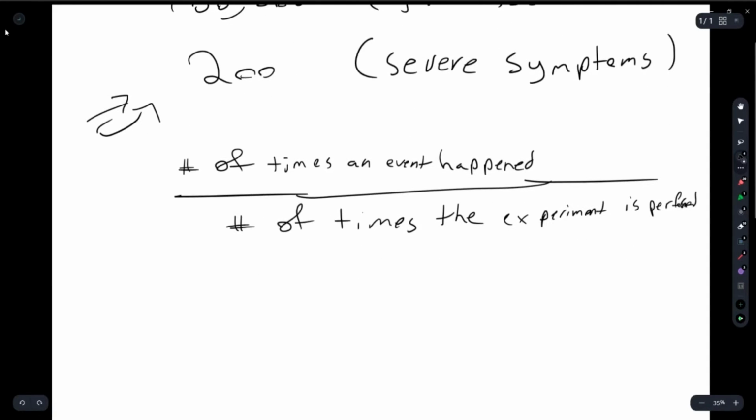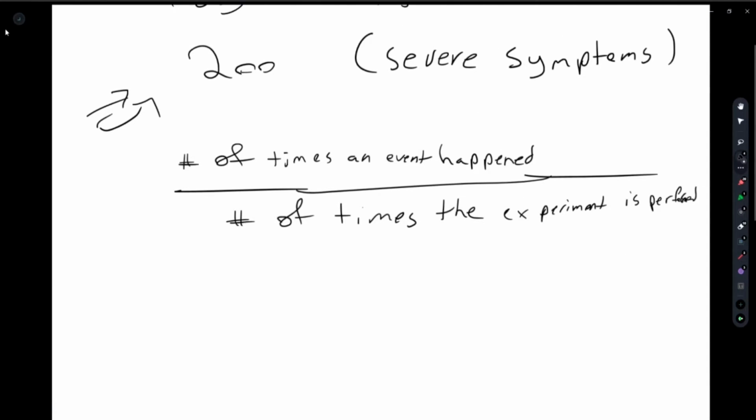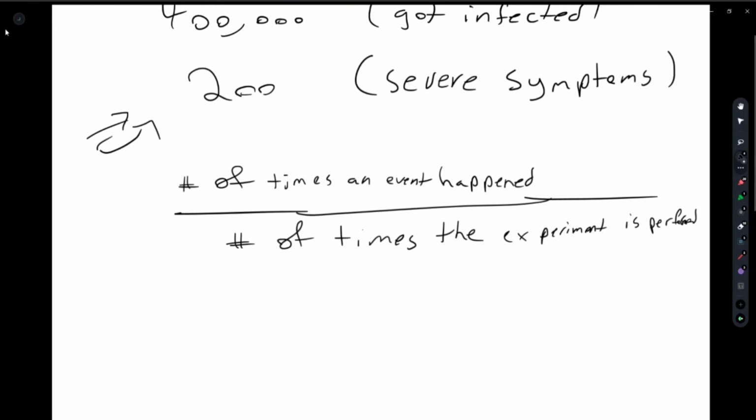So, in this example, every time a person gets infected, the experiment is performed.